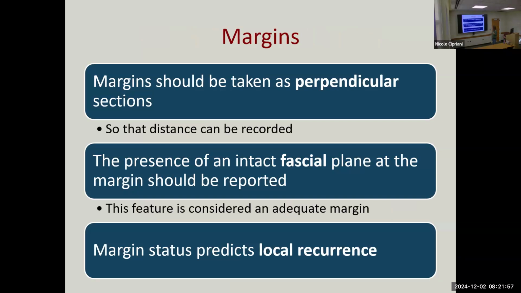I like to say, when we talk about grossing, I know that in breast, if you have a lumpectomy or whatever, even if you're not submitting every single slice, you are submitting all of the margins that you perpendicularly section on the medial and lateral.